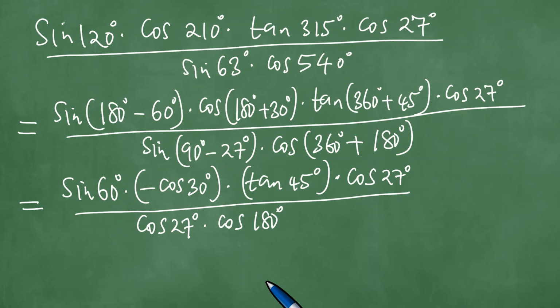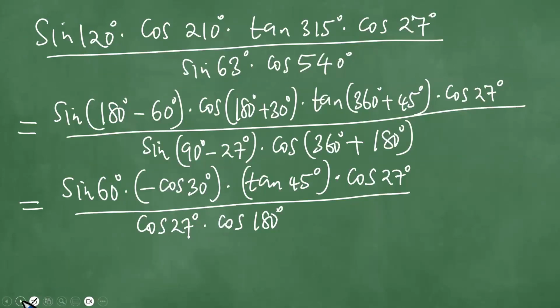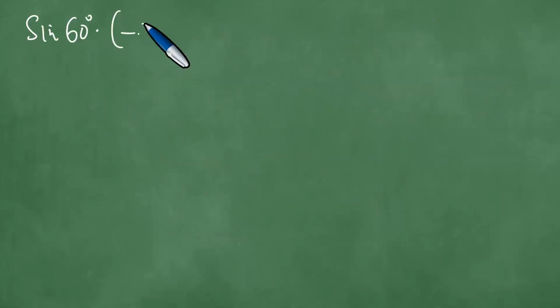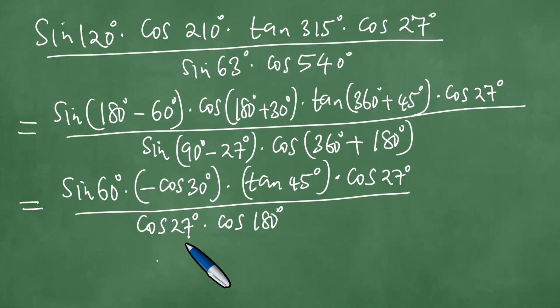We have that. Now let's continue. What do we get out of these, Tando? So we have the sine of 60 degrees. And then we have minus cosine 30. Tan 45.